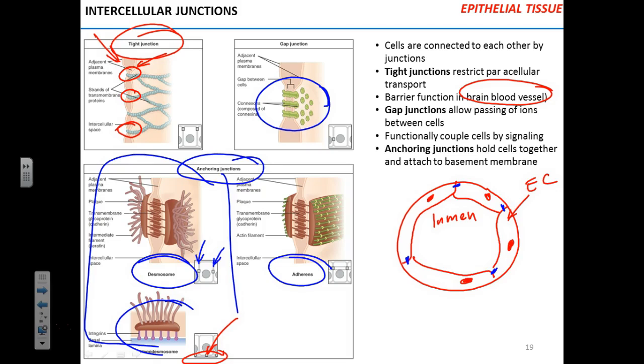Now, adherens junction, since it contains actin, allows epithelial cells to move a little bit. Does that make sense? Think about your skin.